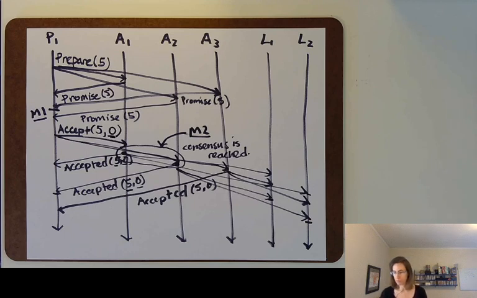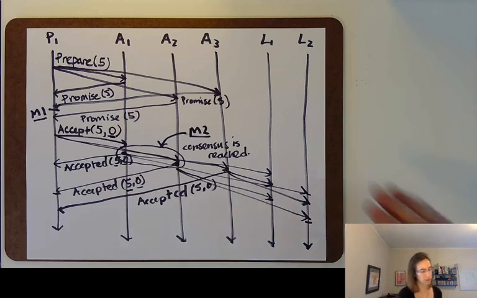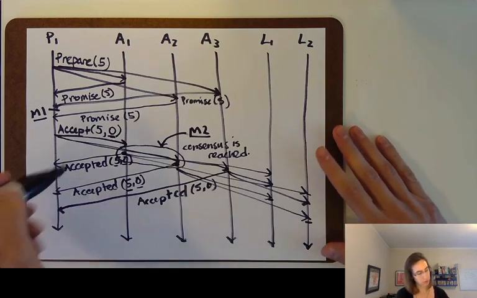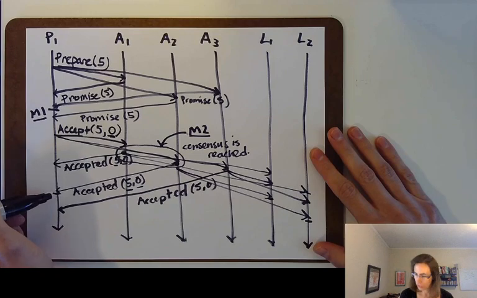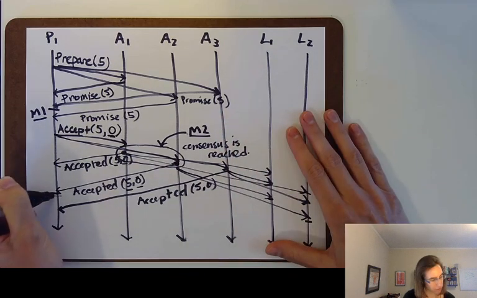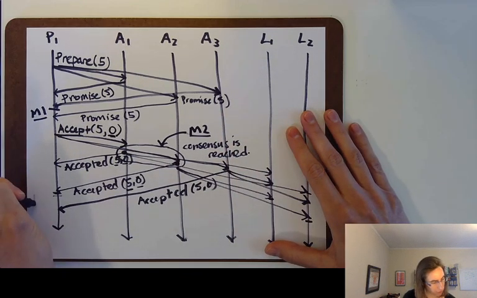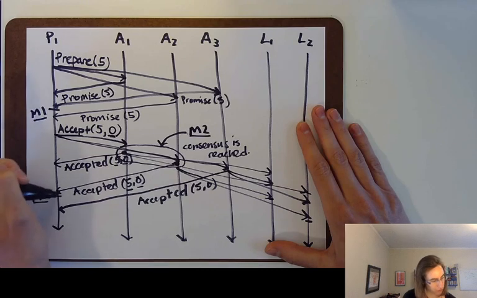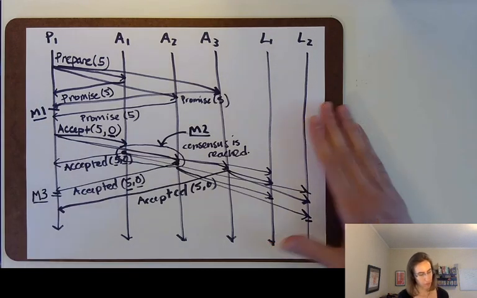And then finally, we said there's a third milestone, which sort of happens individually for every proposer or learner. The third milestone is when a proposer or learner gets an accepted message from a majority of acceptors for a particular n, that's when they know consensus has been reached on the value. So this right here is milestone 3 for the proposer 1, because right here is when they've gotten those accepted messages from a majority.